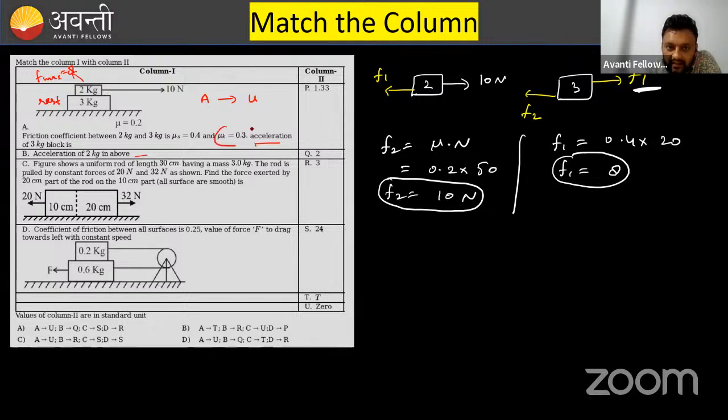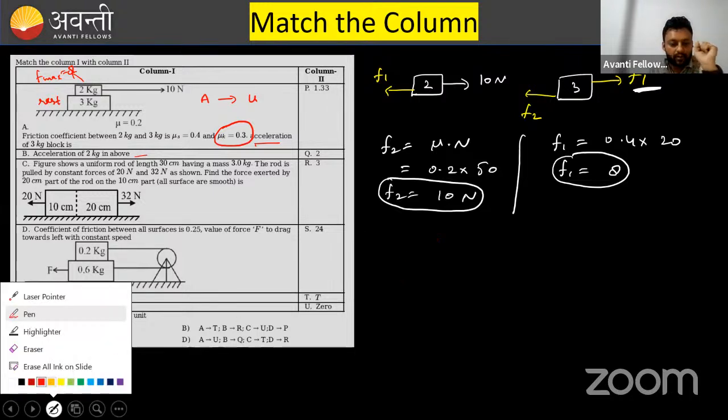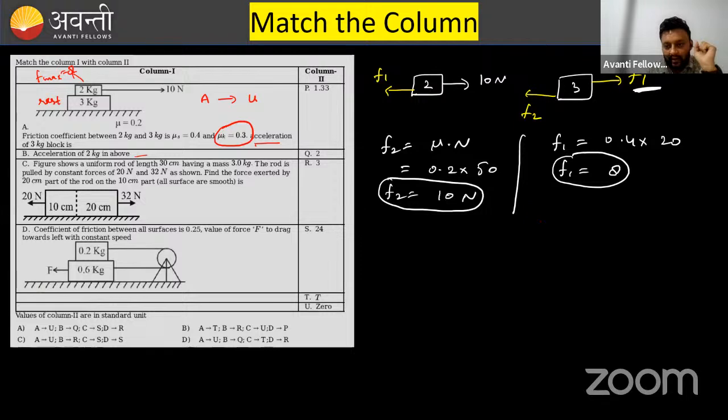And if friction is kinetic, then coefficient of friction is 0.3, not 0.4. That means can I say कि हमें फिर से friction force calculate करना पड़ेगा. So F1, which friction kinetic, will be 0.3 into N, is what? 20. That is 6.